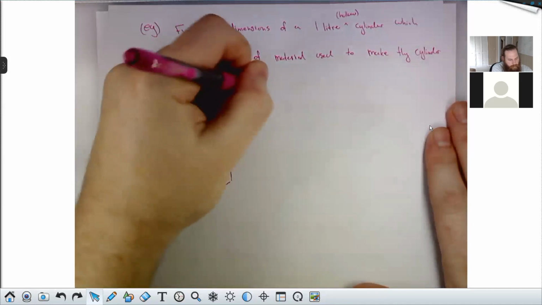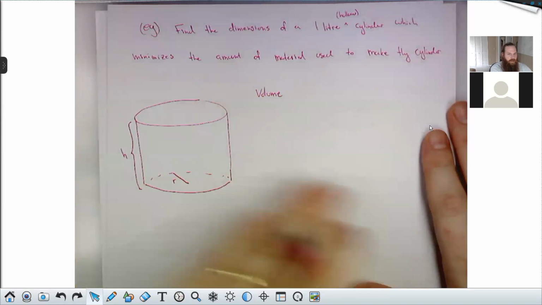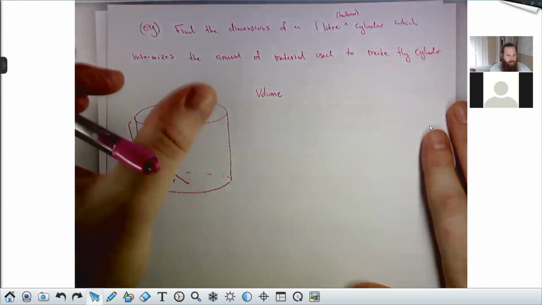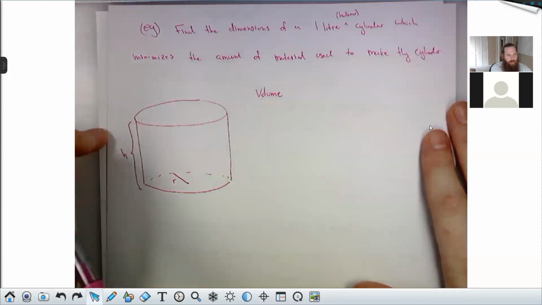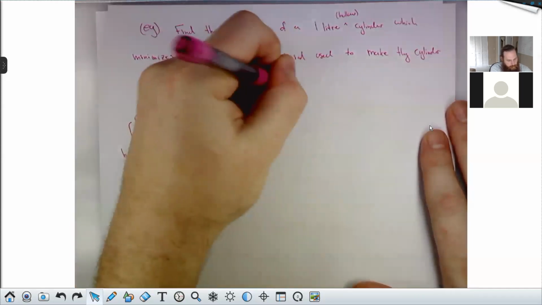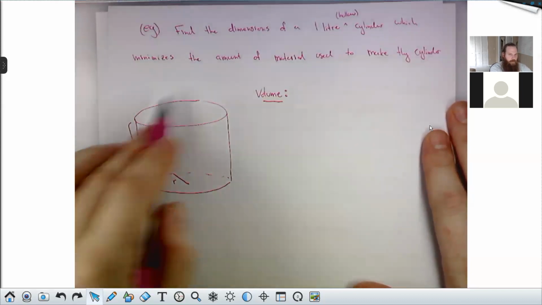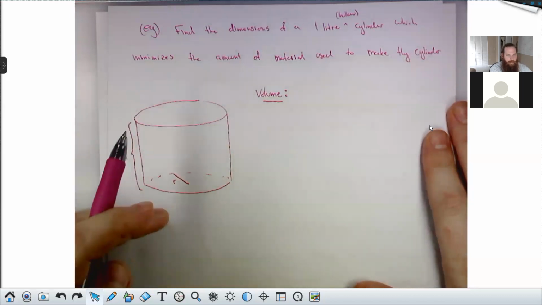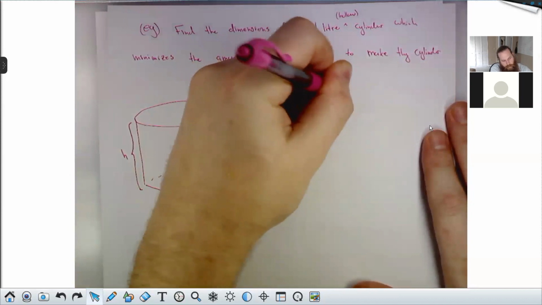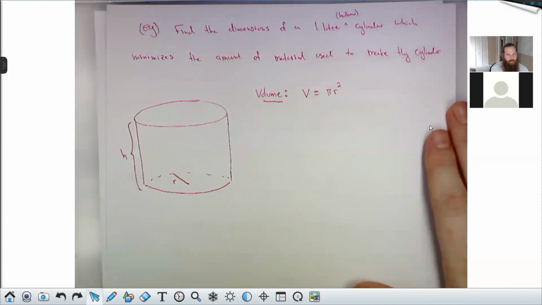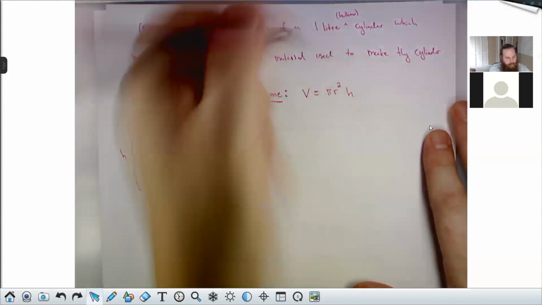The volume of a cylinder, the volume for anything like this, where if you slice it, the cross-section is always the same. No matter where I slice this, the cross-section would be a circle. So to find the volume, you take the area of a cross-section, the area of this circle, and you multiply by the height. So that's pi r squared, because that's the area of the circle that makes up a cross-section, times the height.